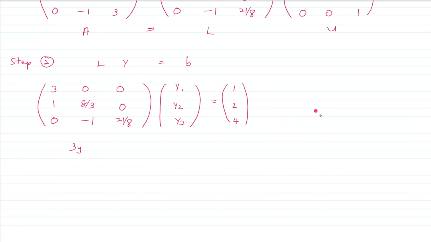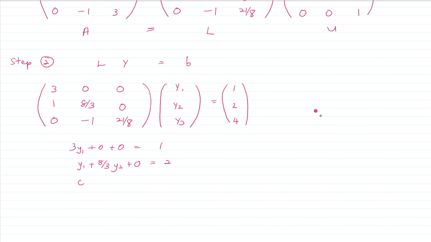So we get 3Y1 plus 0 plus 0 equals 1. Then the second row: 1 Y1 plus 8 over 3 Y2 plus 0 equals 2.